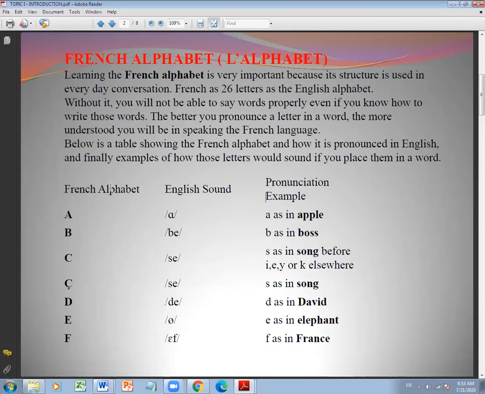So the first letter we say A. It remains A. It will forever remain A in a word unless otherwise. So we say A, B, C. You see this letter again, the one I've highlighted?